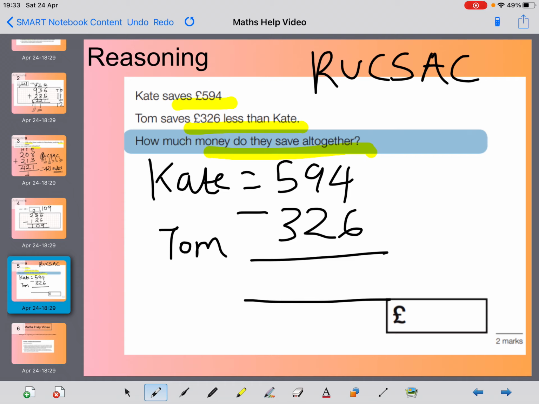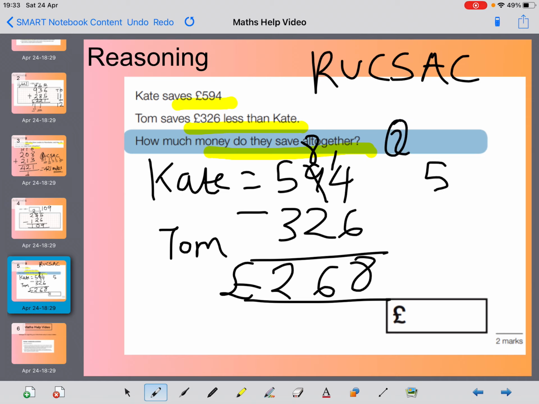So I have to go to the tens. So that becomes 8. And that becomes 14. 14 minus 6 gives me 8. 8 minus 2 gives me 6. 5 minus 3 gives me 2. So Tom saves 268. But also I need to know how much money they save altogether.